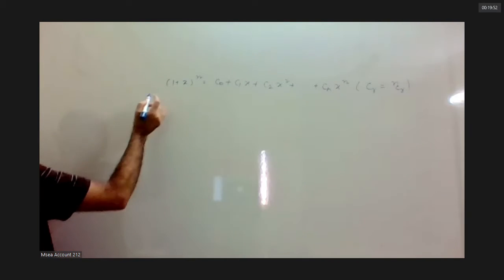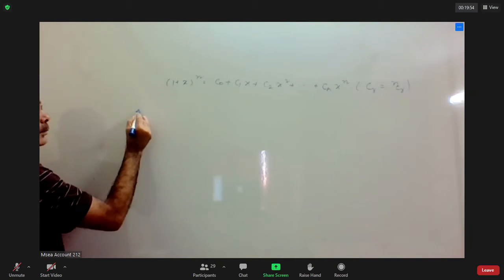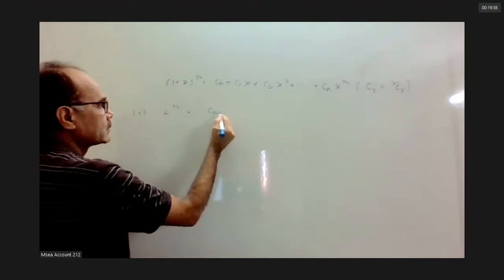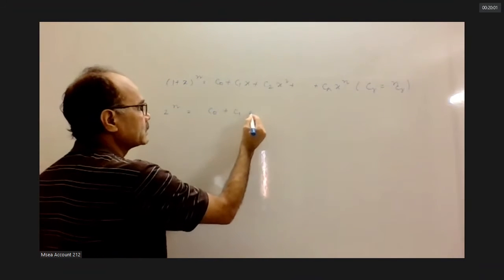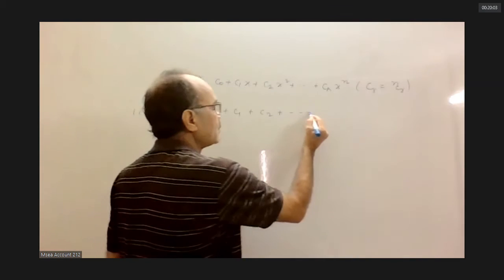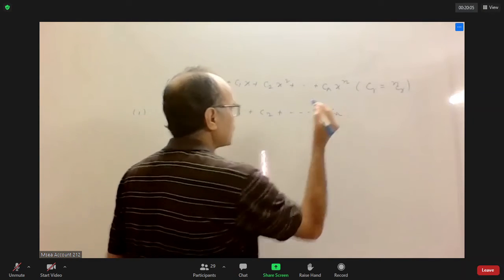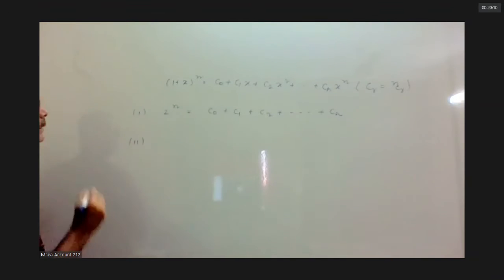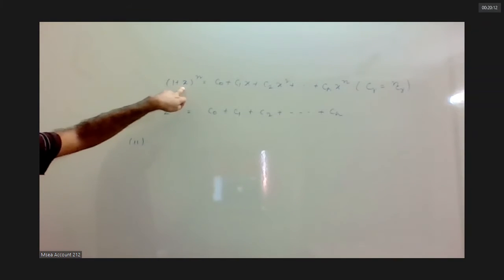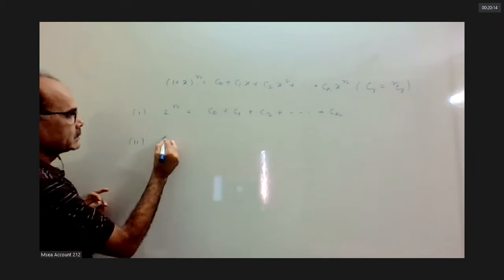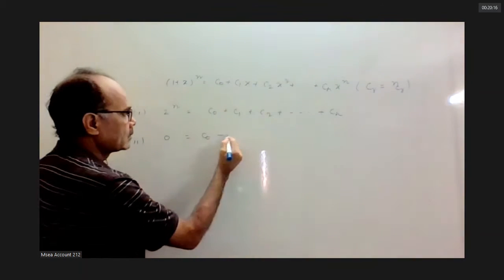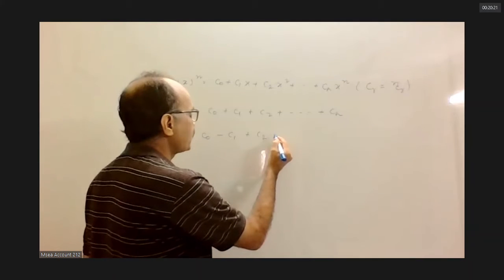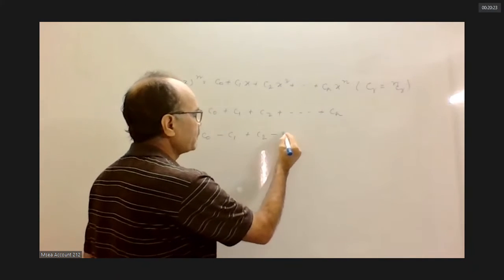So in this identity, put x equal to 1: 2 to the power n equals C0 plus C1 up to Cn. Put x equal to minus 1. So this will be 0: 0 equals C0 minus C1 plus C2 minus C3.